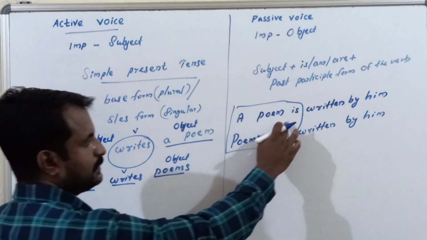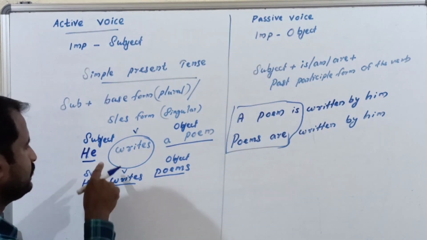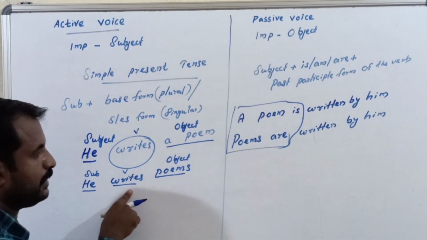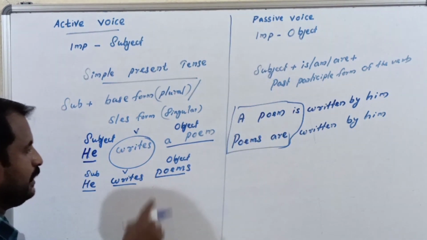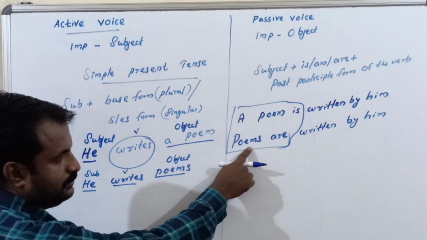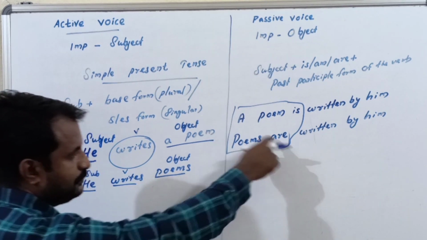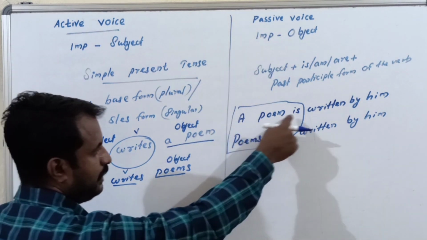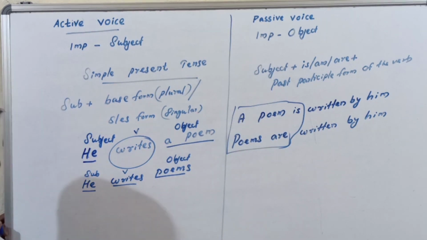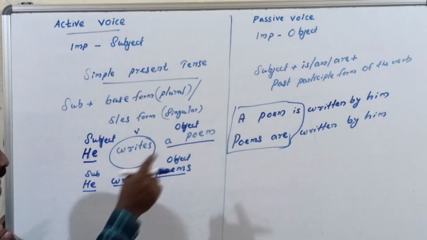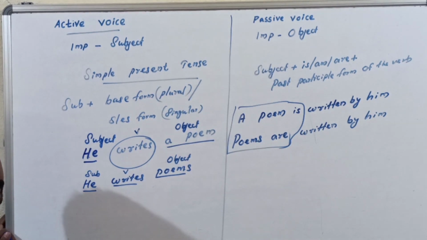That means we don't think that since the S form comes, is comes. No. Here poems comes, and poems is a plural subject. With the plural subject we have to use are. With the singular subject we have to use is. Clear? Did you get me?